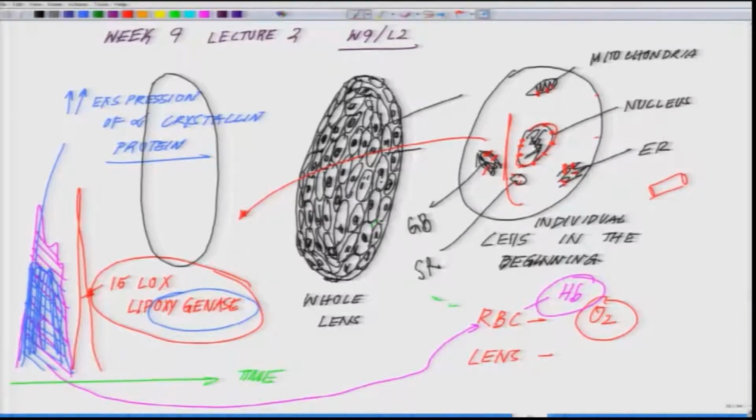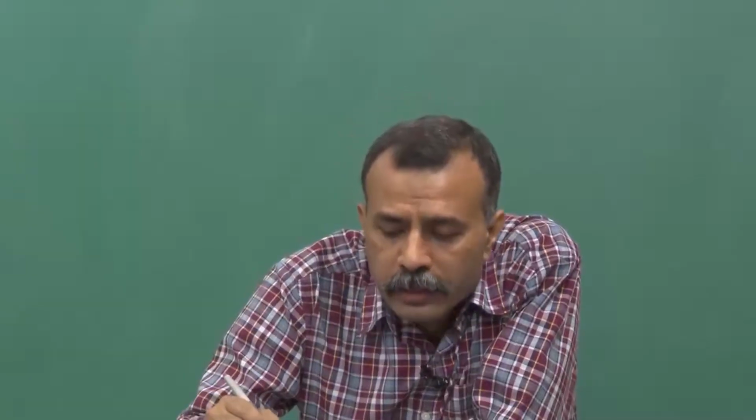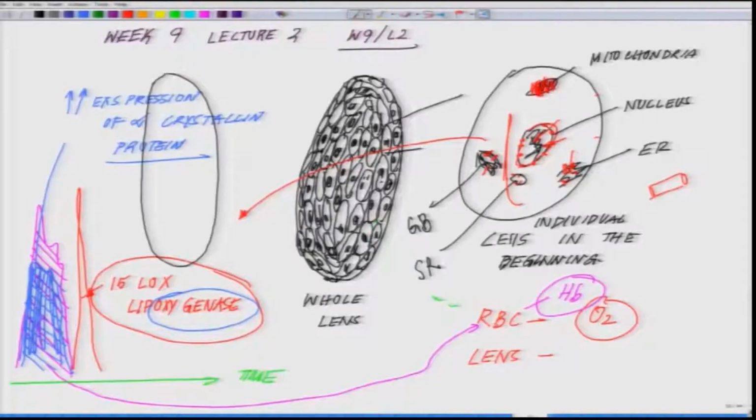As soon as these pores are created, these structures are directly exposed to the different proteases and nucleases, and these structures are now mostly dissolved out, or they almost become rudimentary.